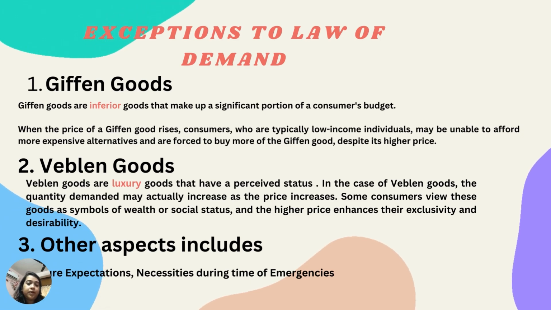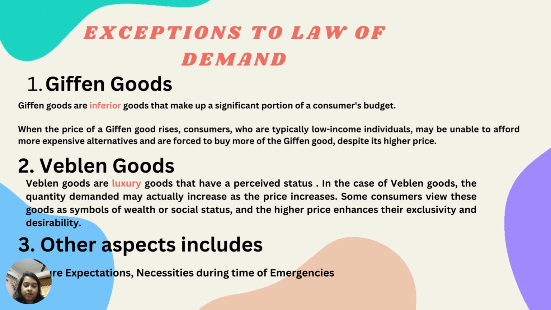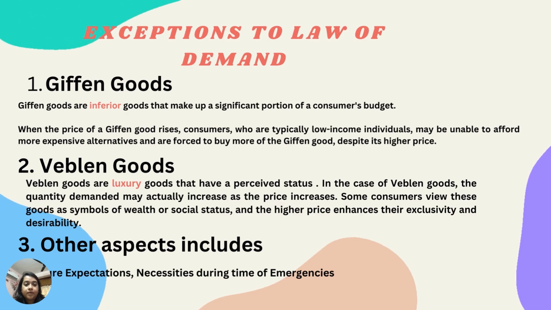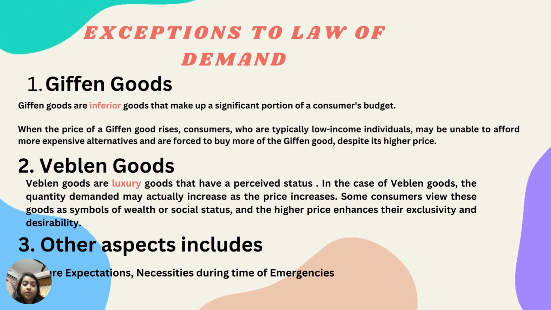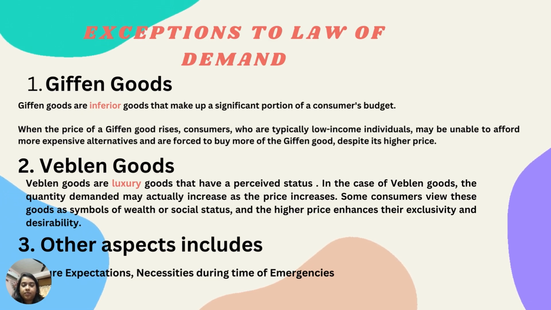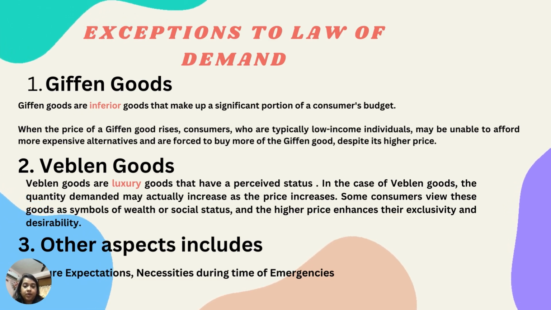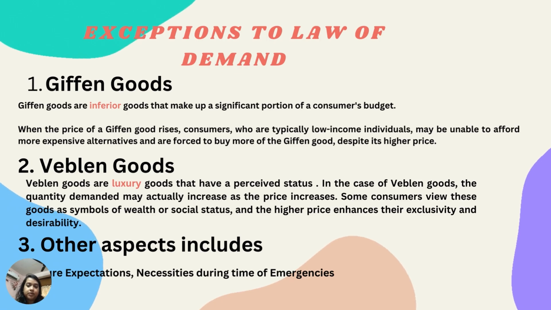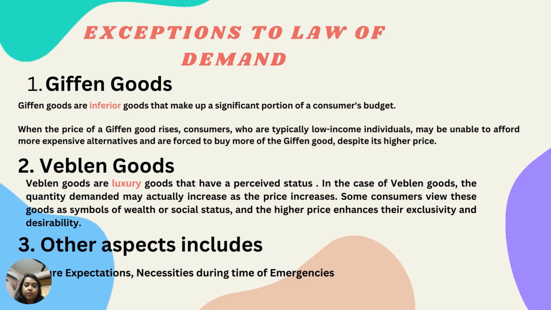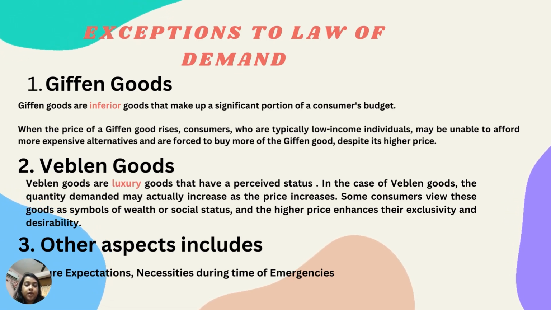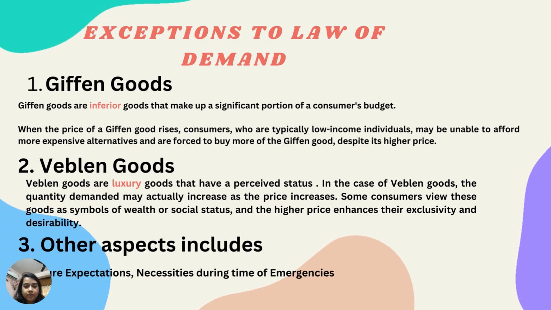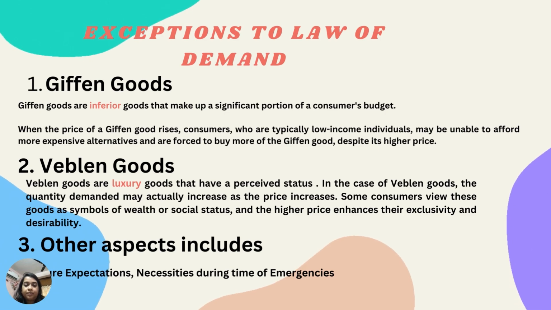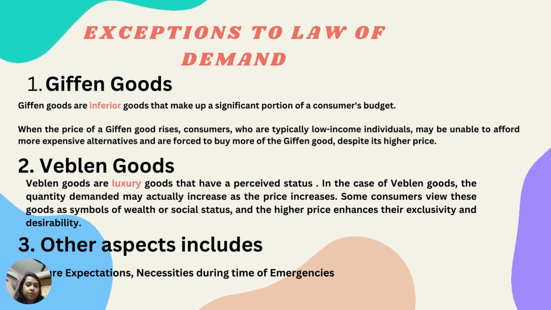Yet they will be purchasing rice since it is their staple food. So Giffen goods are inferior goods considered to be a significant portion of the budget. Suppose rice is the staple, so it is a significant portion of the consumer's budget. In spite of the rice being of poor quality, the consumer is going to purchase that product.